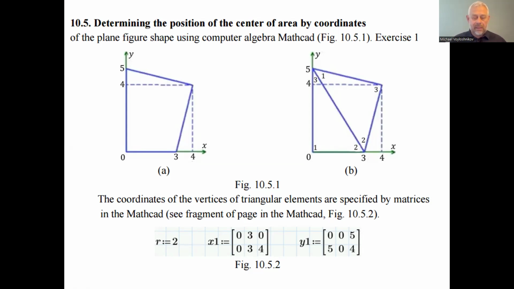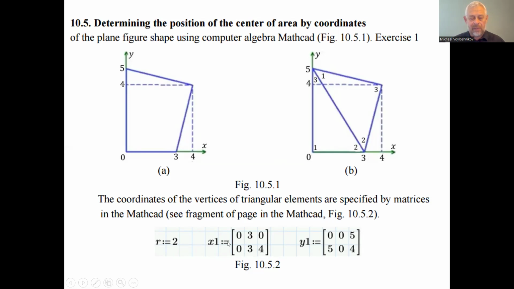And next we have to set the coordinates of the vertices of the triangles. To do that, we define two matrices. Matrices we use in the panel of Mathcad. So we define x1 with Shift colon, that is the assignment.